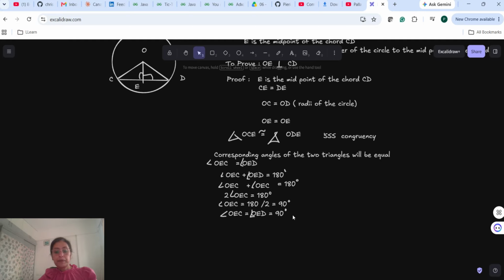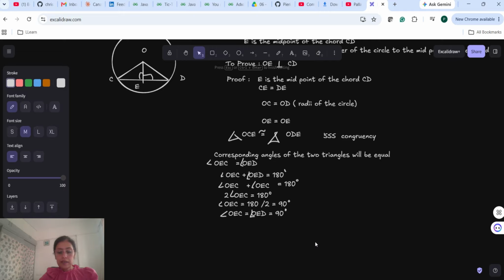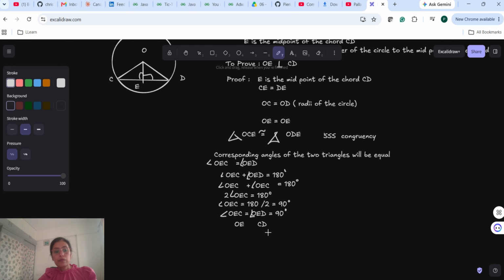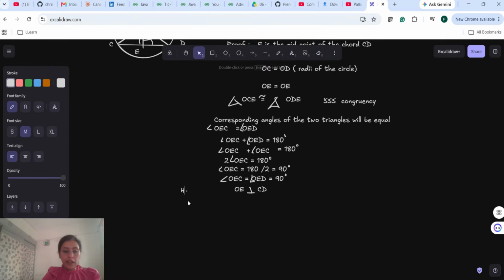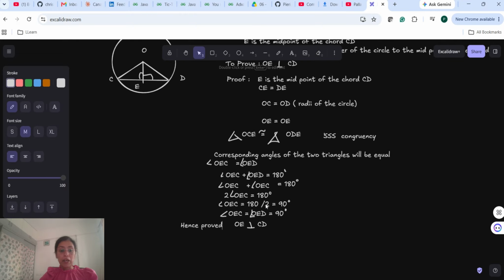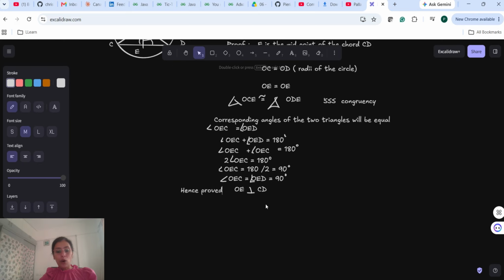Which means we can say OE is, how is OE to CD? OE is perpendicular to CD, right? And then because we proved it, we can write here: hence proved, OE is perpendicular to CD. Okay, so now we will write the theorem.